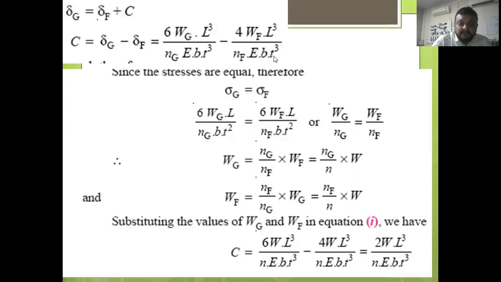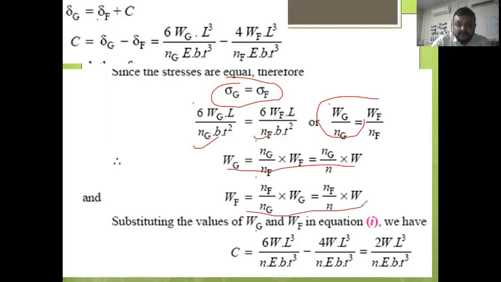Now, one of the objectives of nipping is what? To make the stress in an equal manner. So we are assuming stress in an equal manner, and already we have the stress equation. So equating both the stress equations and seeing the loading condition, these equations for the same stress level are simplified.